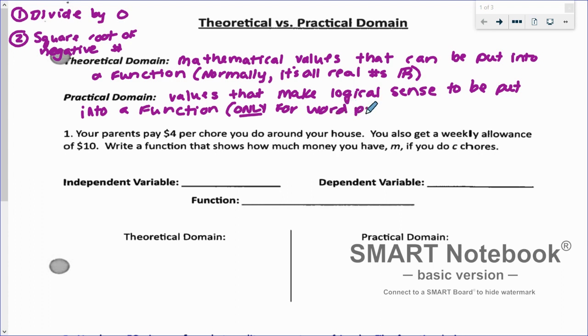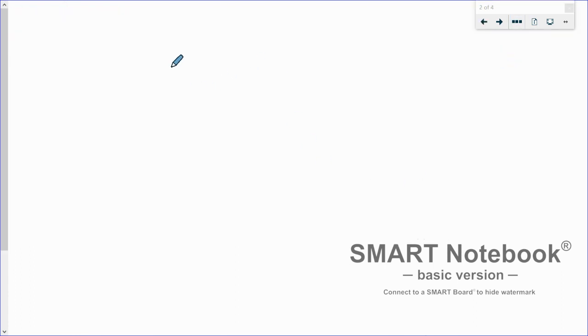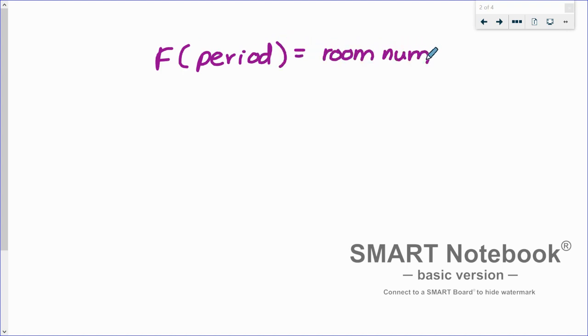Because for word problems, there's numbers that just don't make sense. Like, for example, remember when we had f of period equals room number, that function? That function assigned a period of the day to a room number in which that class would occur. So we talked about how f of -6 didn't make sense because you can't have a negative period.